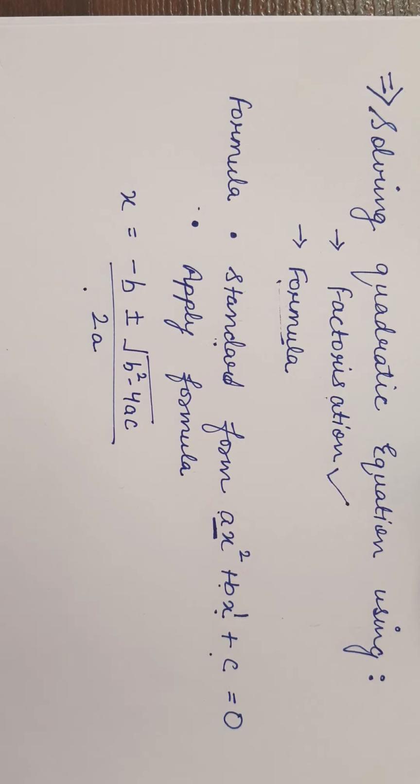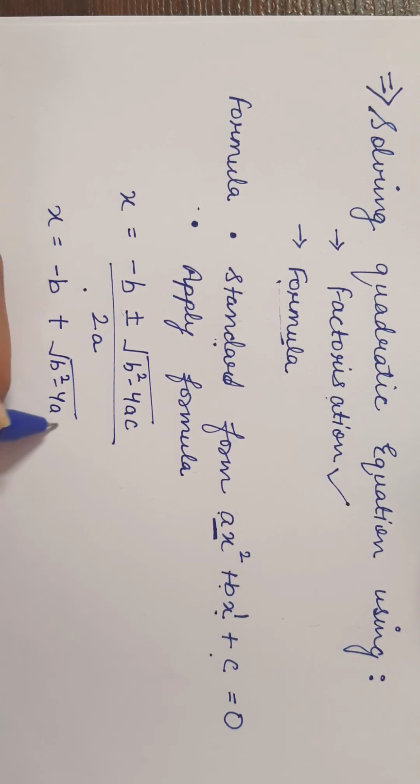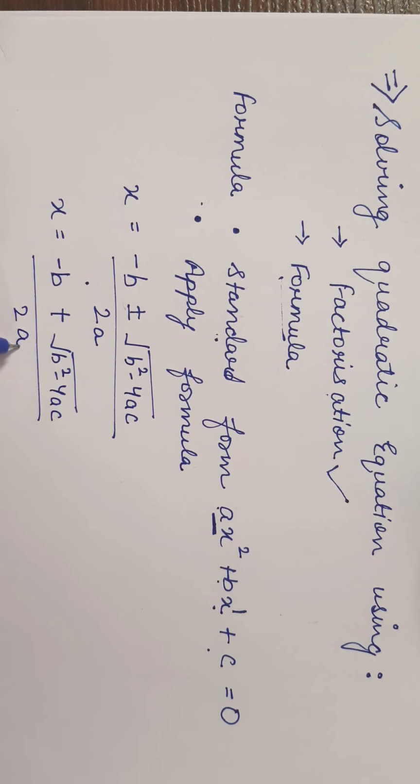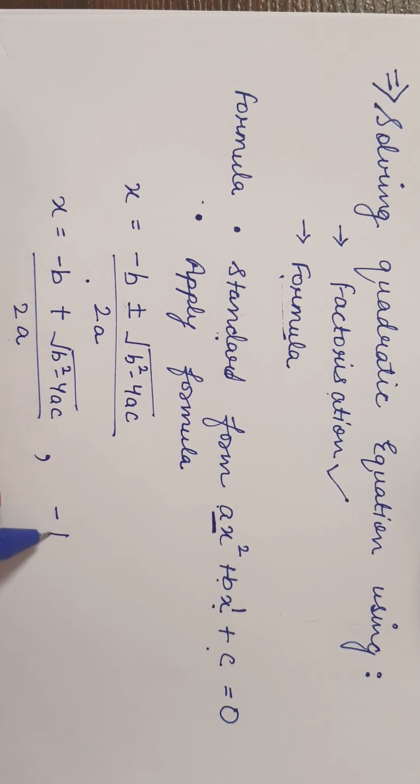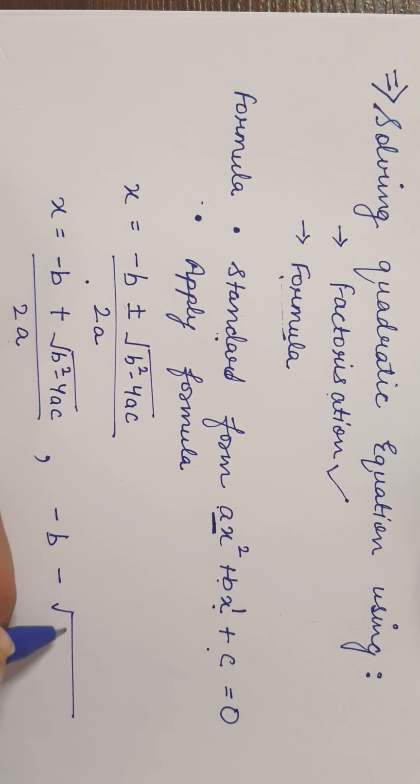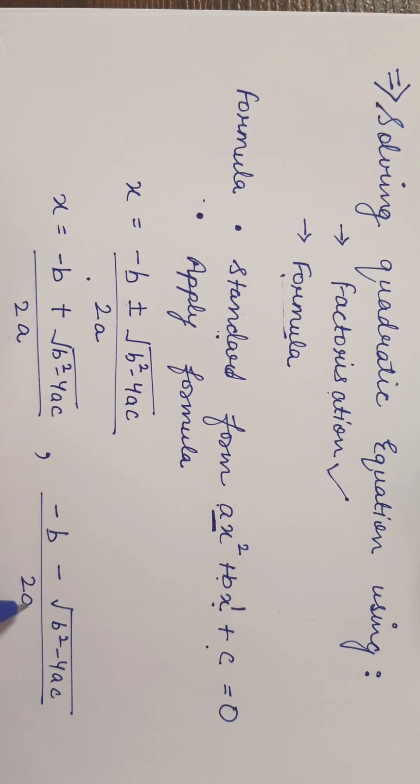Now, how to use that formula? What is the meaning of this sign? This means x is equal to minus b plus root of b square minus 4ac upon 2a, and the other formula is minus b minus root of b square minus 4ac upon 2a.